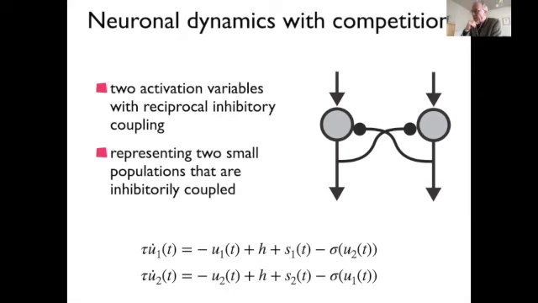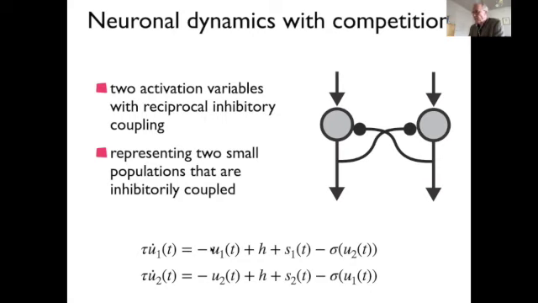So I'm looking at a different kind of coupling to come up with some qualitatively different dynamical property, which is selection or competition. And that's when one of those neurons or neural populations is inhibitorily influencing the other and vice versa. This little full circle is sometimes used in neural network diagrams to indicate inhibitory coupling.